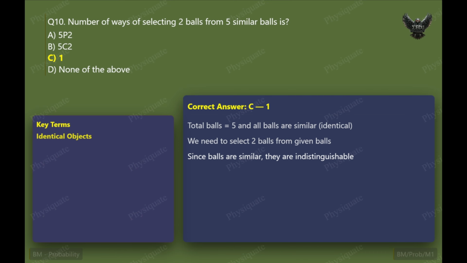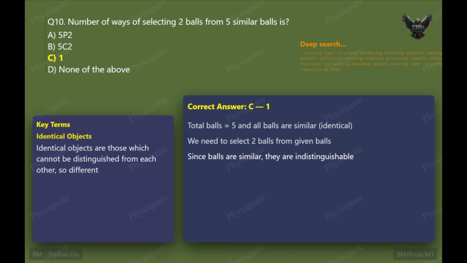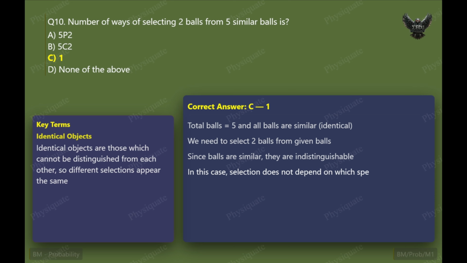Identical objects are those which cannot be distinguished from each other, so different selections appear the same. In this case, selection does not depend on which specific balls are chosen.